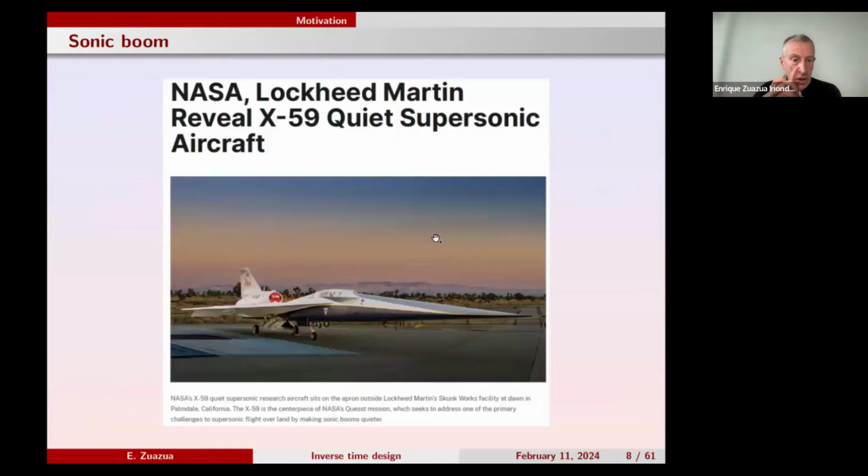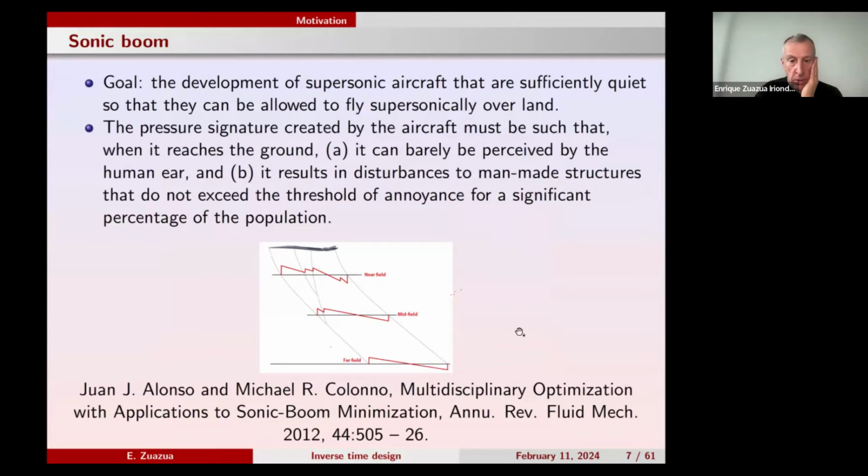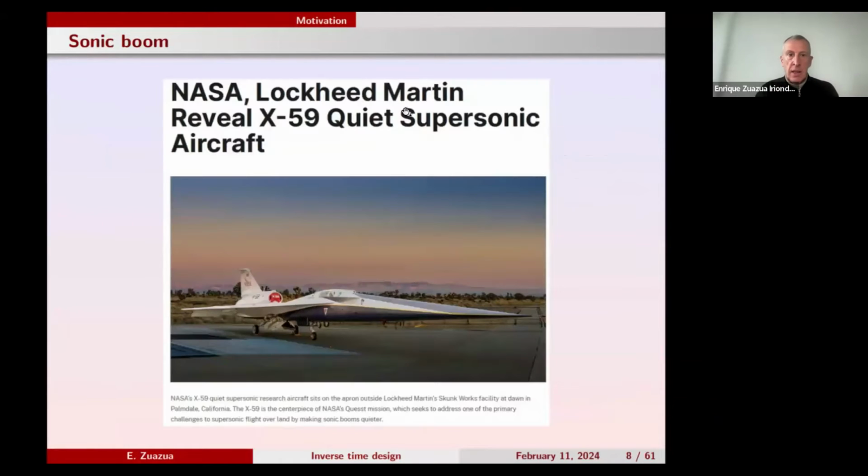So, this paper was published back in 2012, I think. So 12 years ago. 12 years later, very recently, there was this newspaper article saying, well, these airplanes now exist.